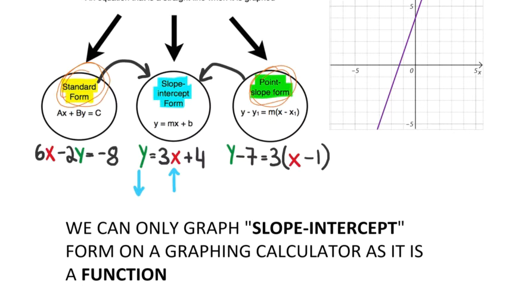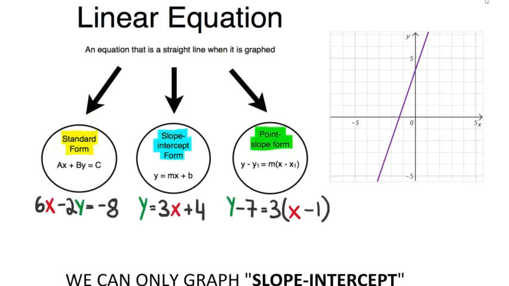This allows for us to graph the equation. So for the purpose of this video, I am going to focus on Standard Form and how to convert it into Slope Intercept Form through three simple steps. Let us begin.